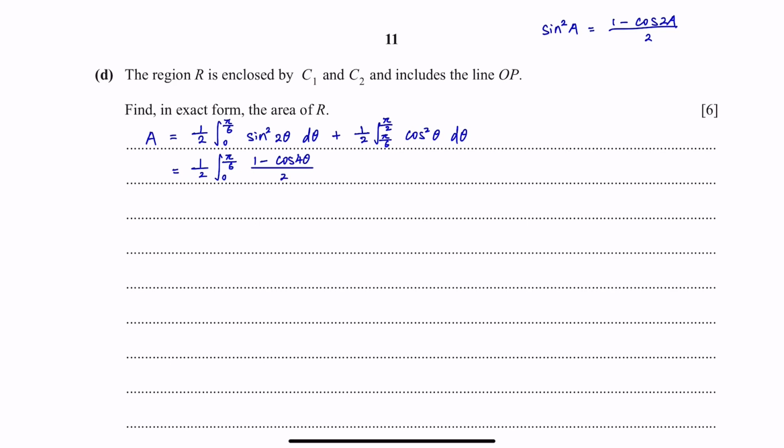Do note that this is 4 theta and not 2 theta because this is already 2 theta. So for cos square, we also need to change it. And from the formula booklet, we know that cos square A equals cos 2A plus 1 over 2. So this would be cos 2 theta plus 1 over 2.